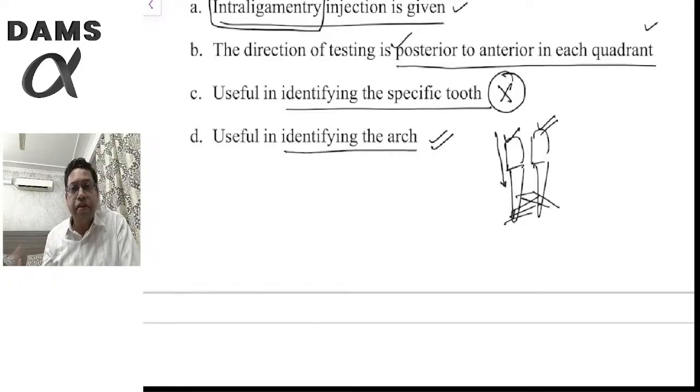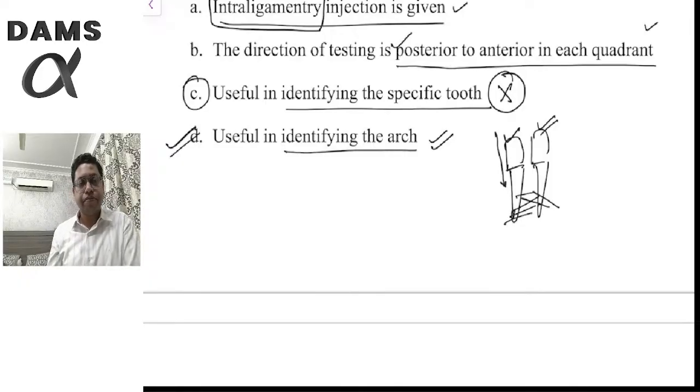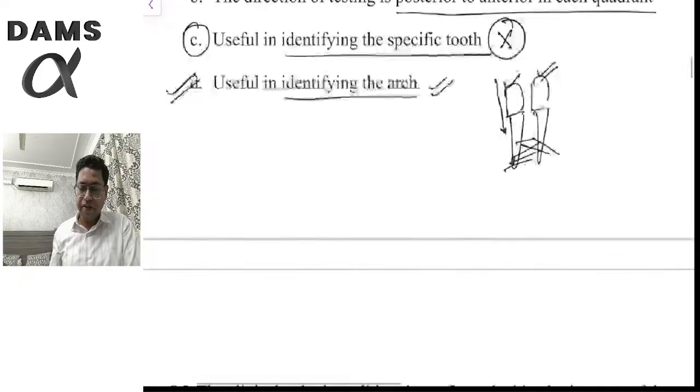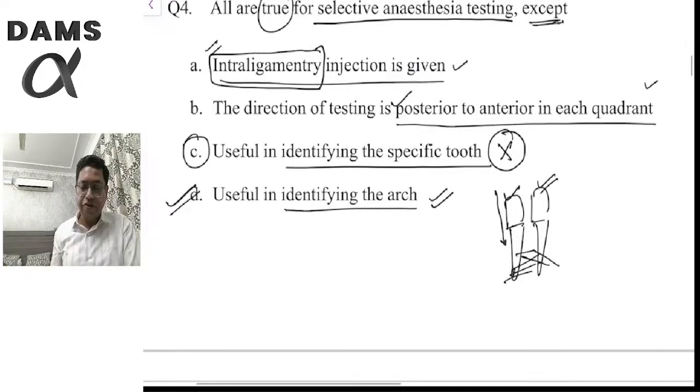So the technique of selective anesthesia is not useful in identifying the specific tooth, but it is useful in identifying the arch, whether it is maxillary teeth or a mandibular tooth. Okay. So answer would be option number C.